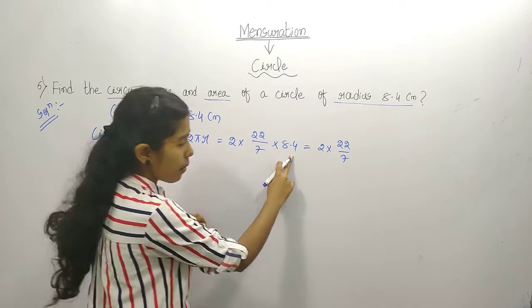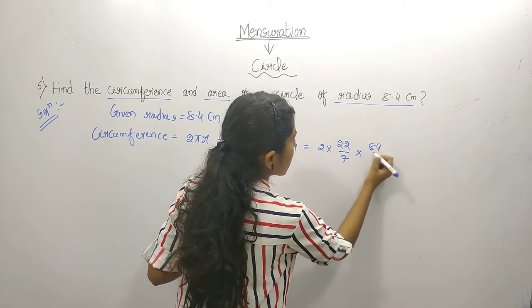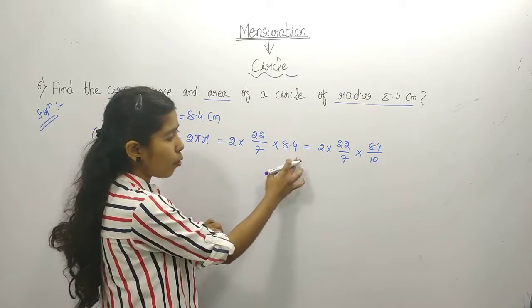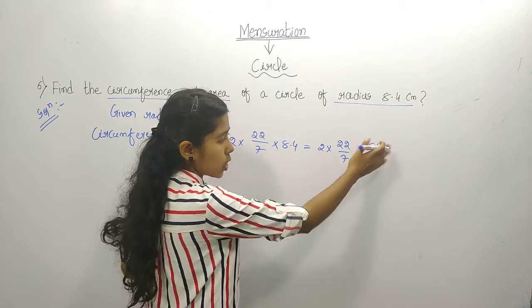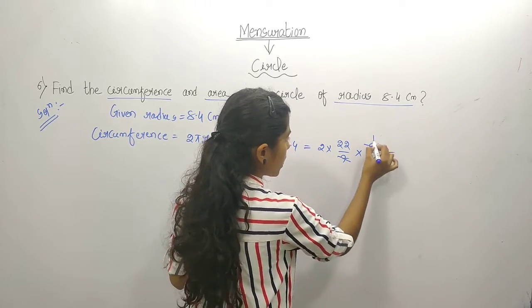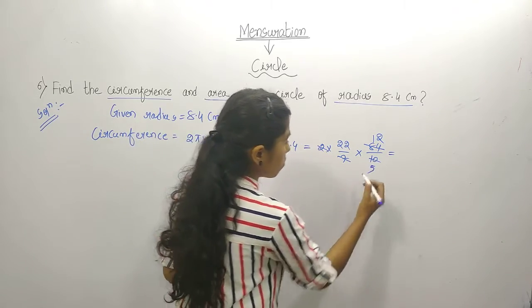You can make it a fraction, or you can cut like this also, but we will make it a fraction for the easiest form. 8.4 is 84 divided by 10. So you cut 7 1 7, 7 2 14, then 2 5 10.